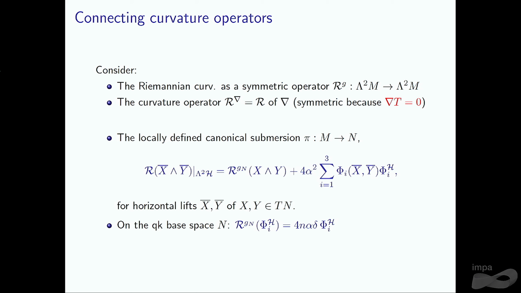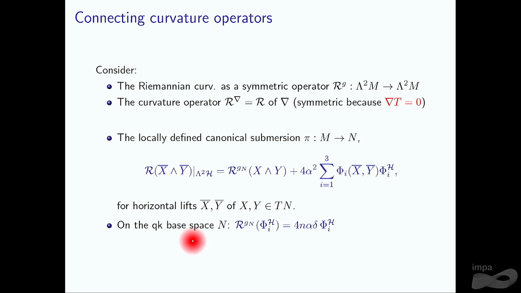Good. We have our submersion, and then with that submersion, we can express the curvature of the canonical connection upstairs in terms of the Riemannian curvature downstairs, plus an extra term, which depends on the horizontal part here, for all horizontal lifts, X bar, Y bar, of vector fields living on the base N. And actually, for example, we get a very nice formula, I just like it.